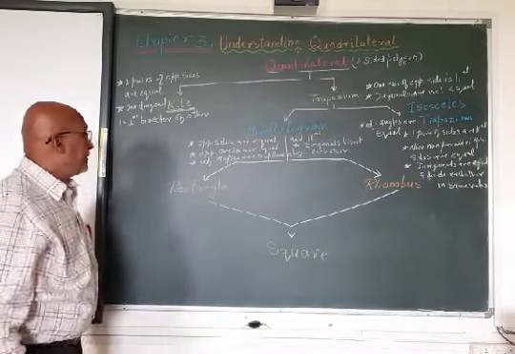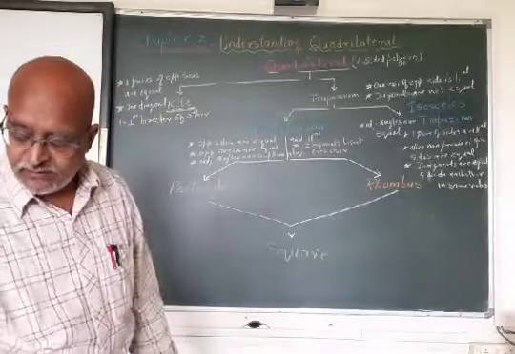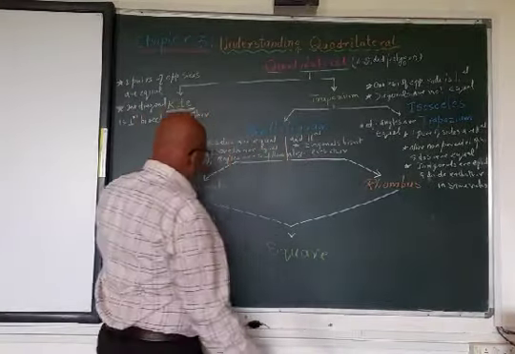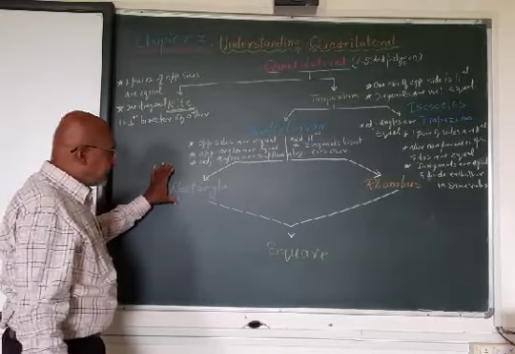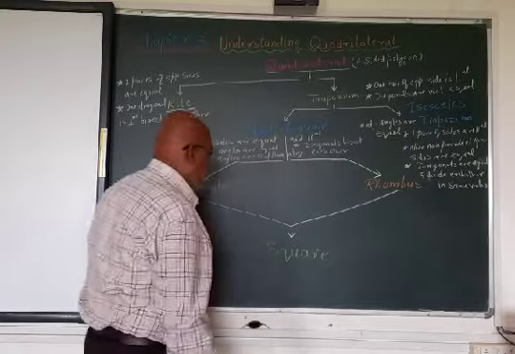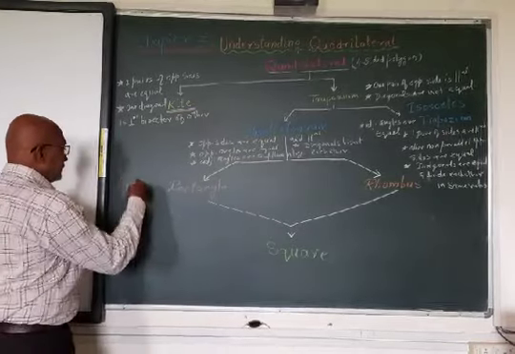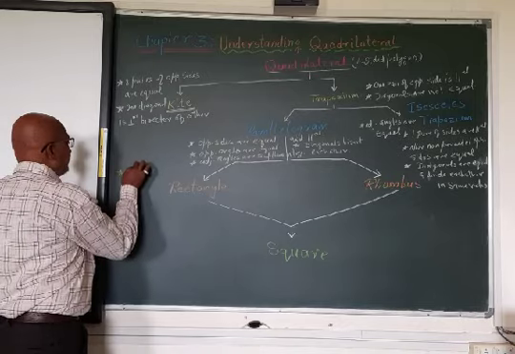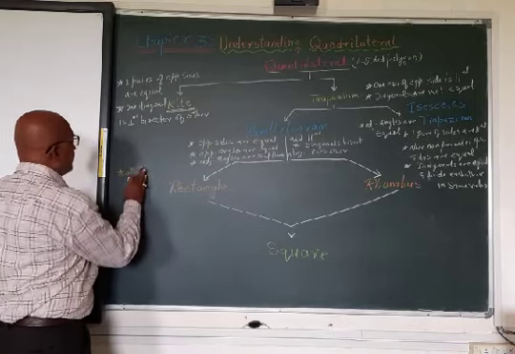Got it clear? So we'll write the properties for these. Now these properties included, I will just write the peculiar or special properties of these three. So first is rectangle.